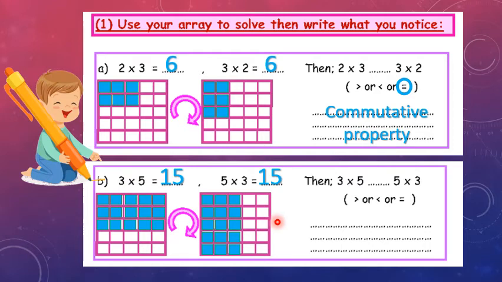If you notice here, this is in a horizontal position and this is in a vertical position, we just invert it. It has the same number of elements. Then 3 by 5 is more than, less than, or equal to 5 by 3? Good job, equal. Now this property is called what? Good job, commutative property. And write it down here, commutative property.